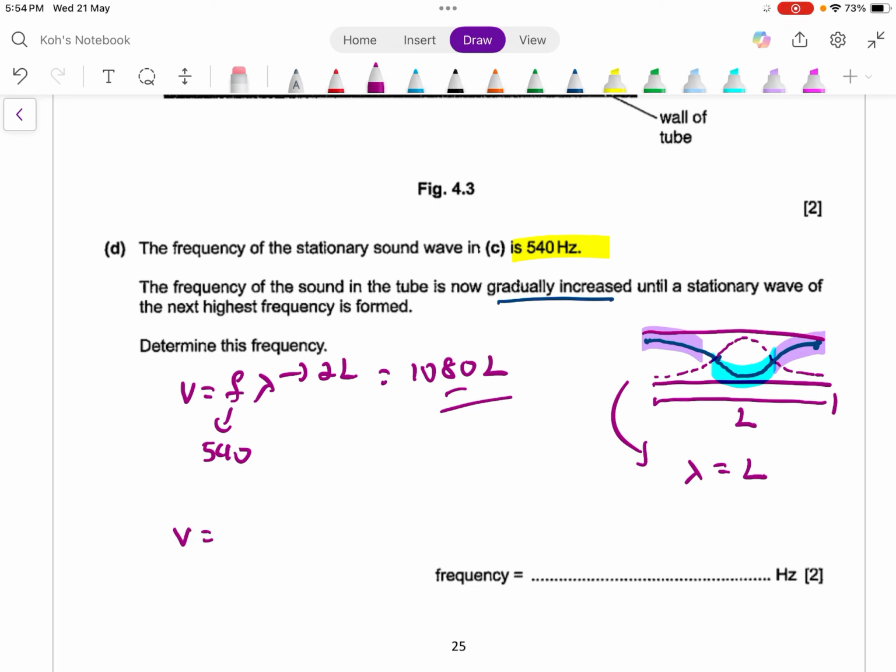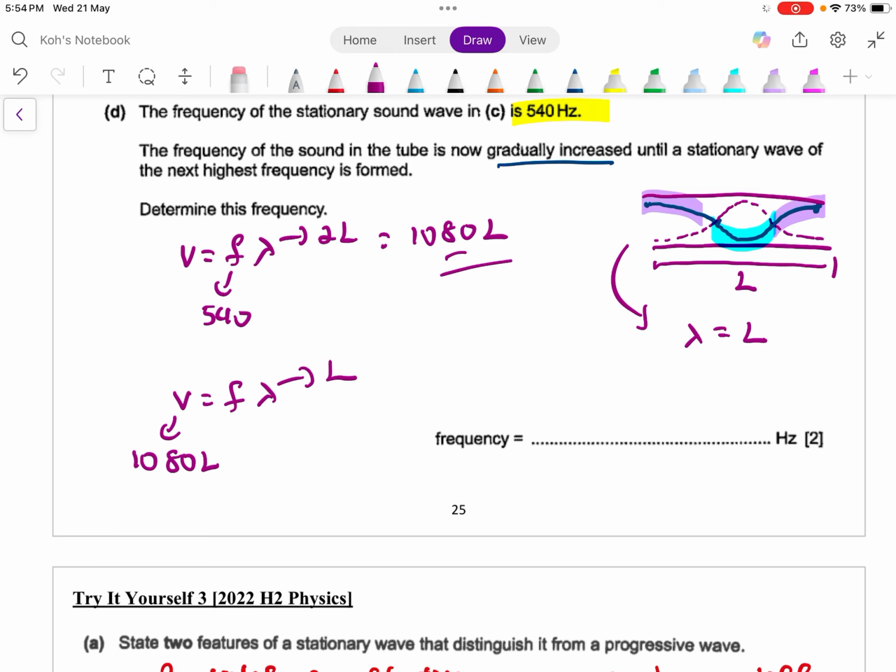Speed equals f lambda. My speed is the same, 1080L, and my wavelength is in terms of L. So of course, frequency is simple: frequency equals 1080 Hz. So that is how we actually do this question.